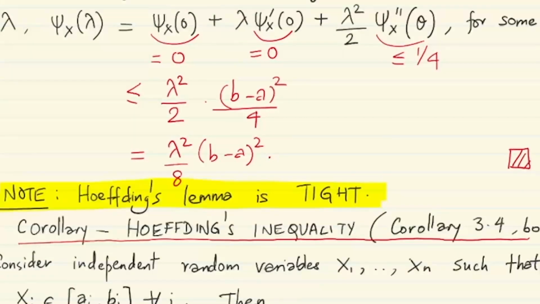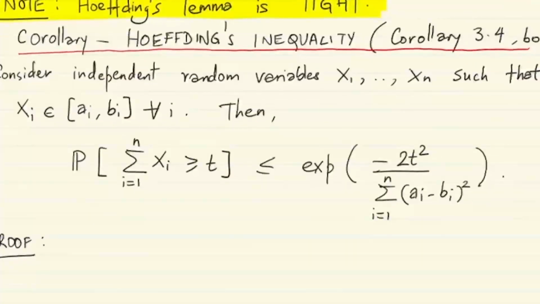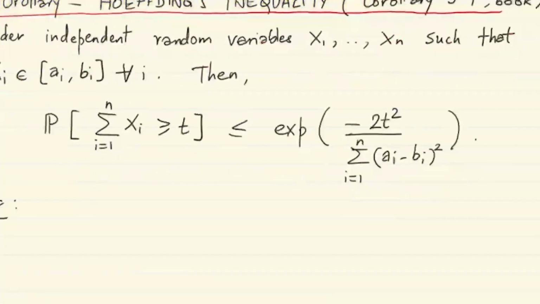Okay. So once we have Hoeffding's lemma in hand, it gives you what is called Hoeffding's inequality, which is corollary 3.4 in the concentration inequalities book. Okay. So this is a concentration inequality that is obtained by appropriately using Hoeffding's lemma. And it says that if you have independent random variables x1 through xn, which are each bounded in the respective interval ai bi, then the probability that their sum exceeds a level t.